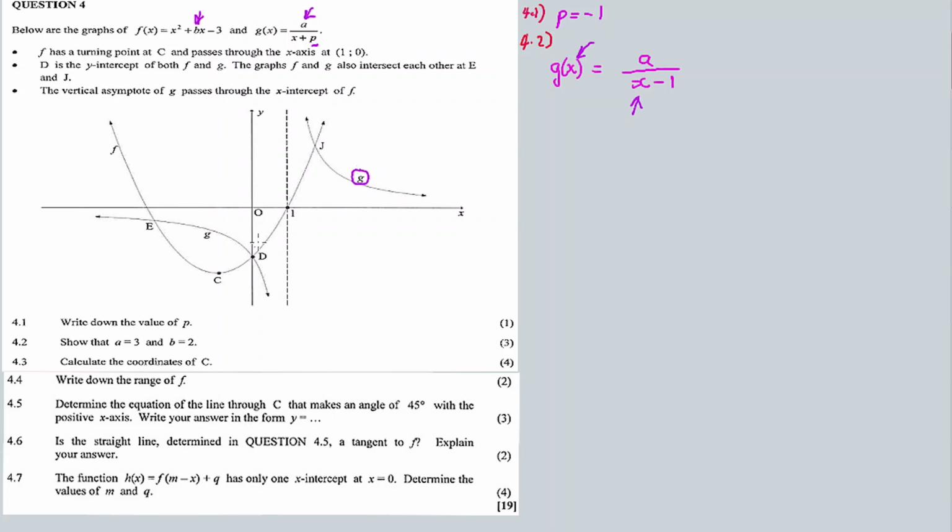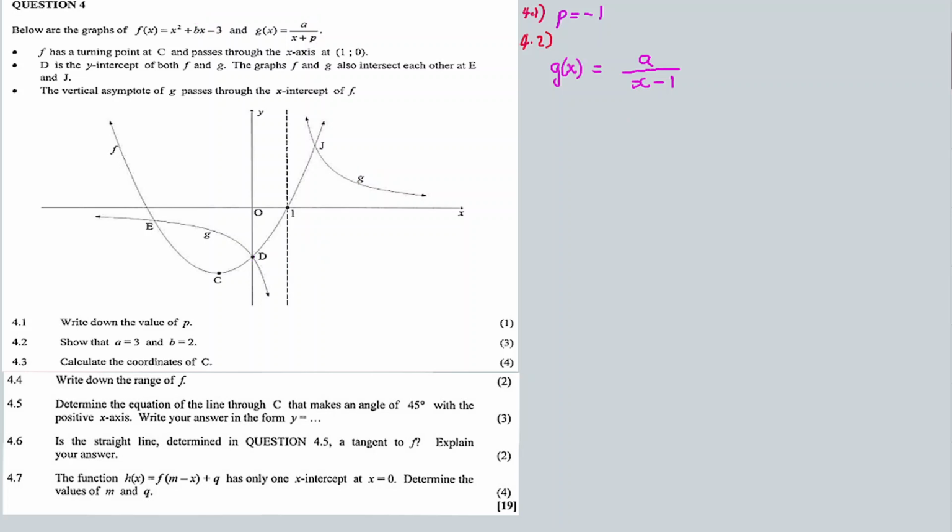The coordinates of D are 0 and negative 3 from f. F and g share a y-intercept at point D, so we can use the coordinates of D to find the value of a. Let's take coordinate D and substitute.